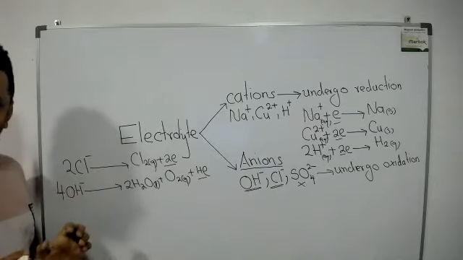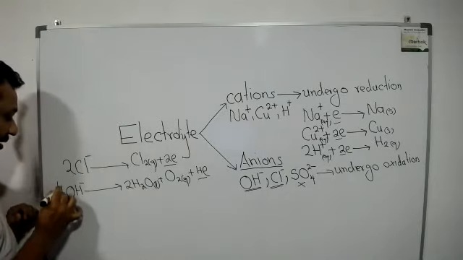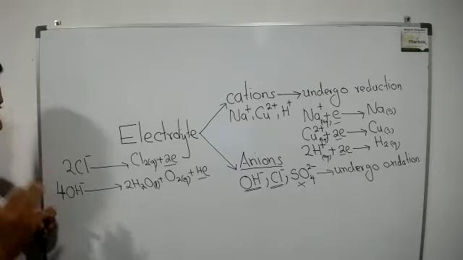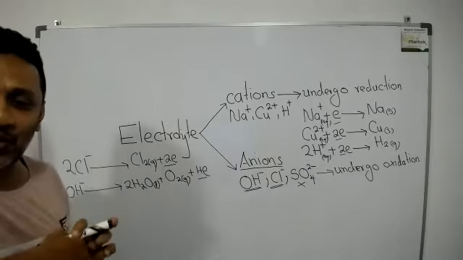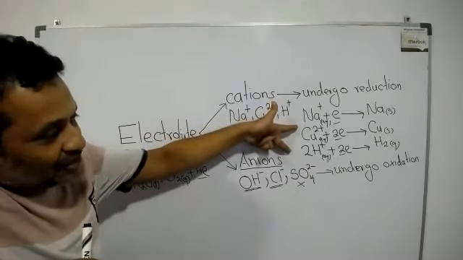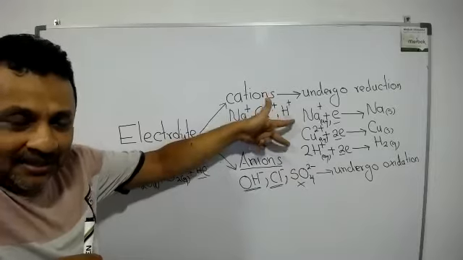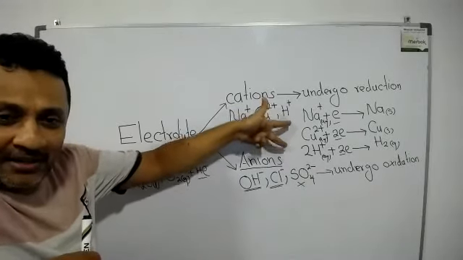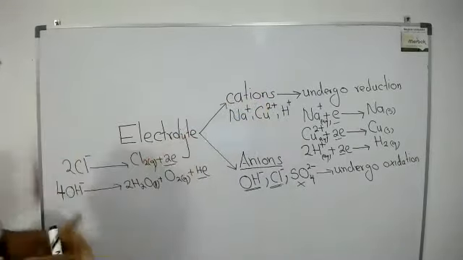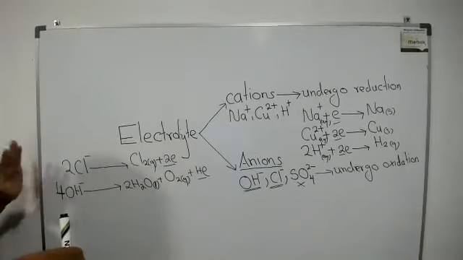So all together, you need to know 5 reactions to understand the entire electrolysis. 3 reduction reactions you want to know: Na plus, Cu2 plus, 2H plus. 2 oxidation reactions you want to know: 2Cl minus, 4OH minus.